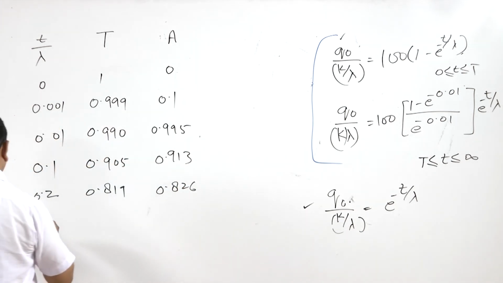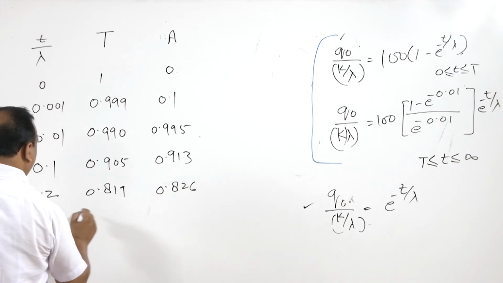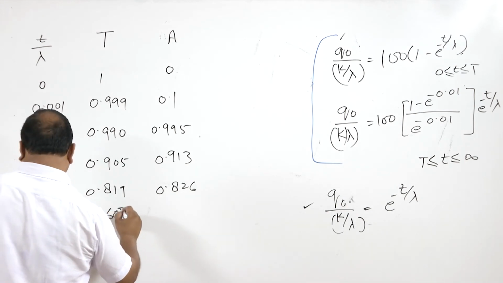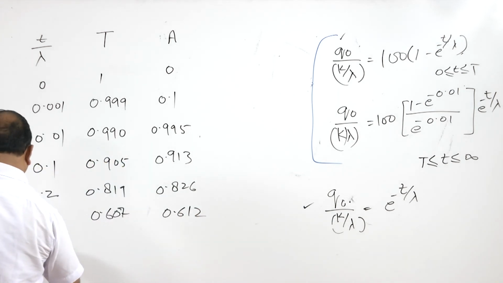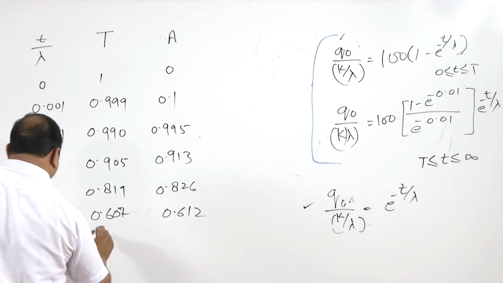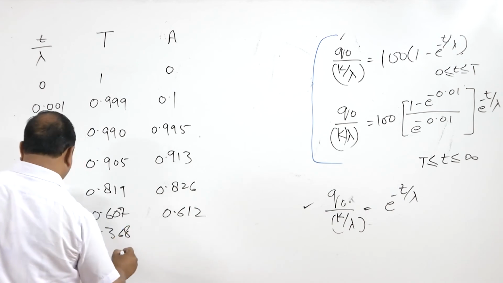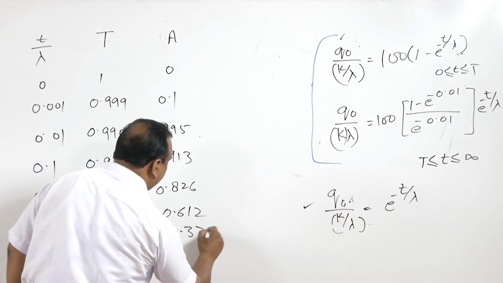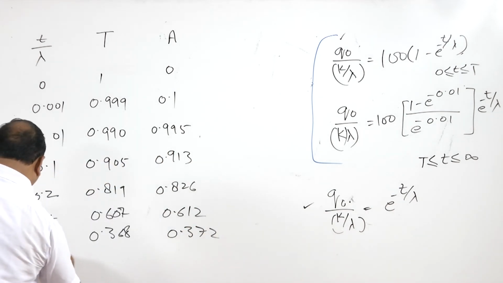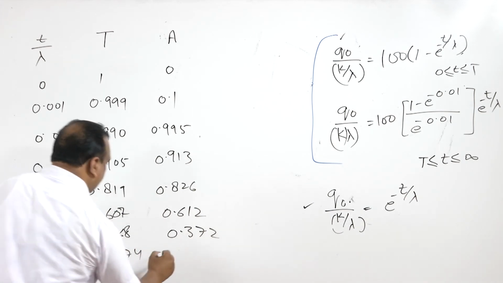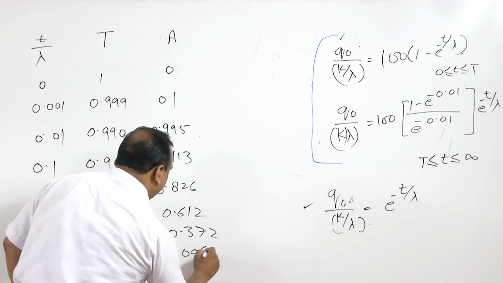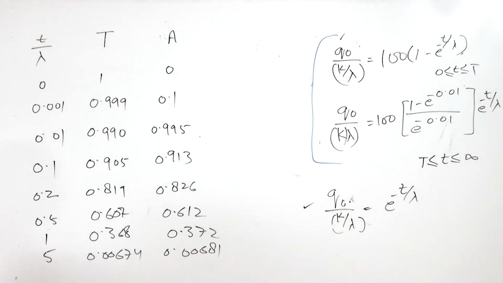Now 0.5, 0.607, 0.612, 1, 0.368, then 0.372 and we can go 5, then 0.00674 and 0.00681.